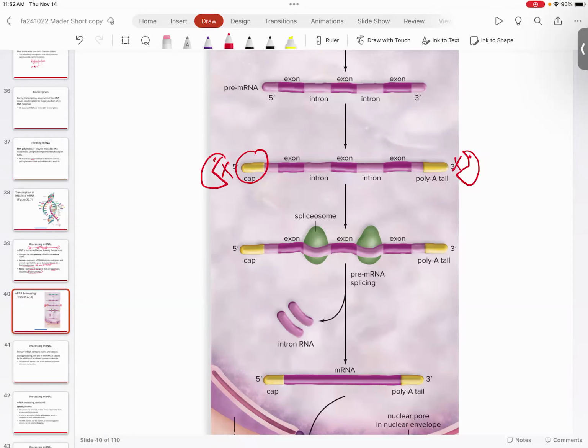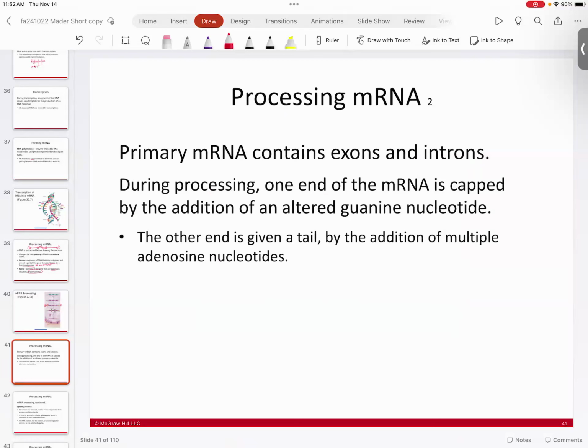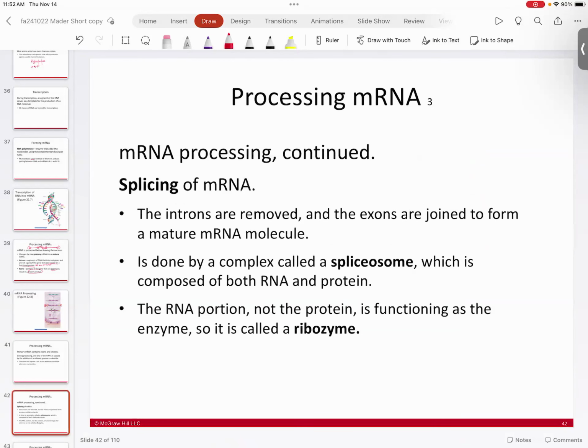The next piece that you want to do, once you've capped it and tailed it, is to splice out all the introns. So the process of splicing is essentially the removal of introns. And so you have to identify them first of all and then cut them out.